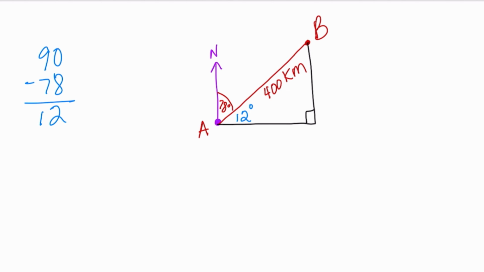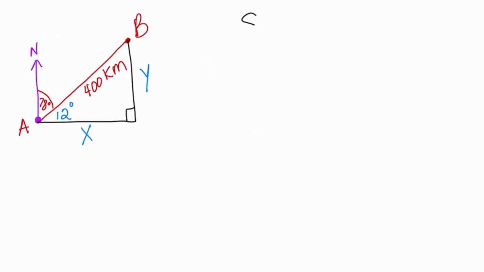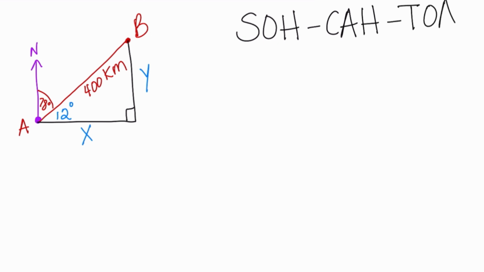And now I can find my vertical distance, which I'll call y, and my horizontal distance, which I'll call x, by using the trig ratios of sine, cosine, tangent, which is SOH-CAH-TOA. This is something that you have to memorize because it is not in the formula packet. The way this works in a triangle, you start by identifying the angle in the triangle you're working with.